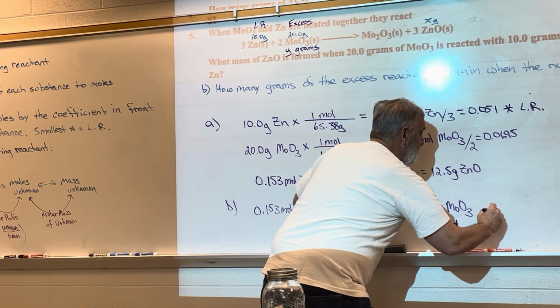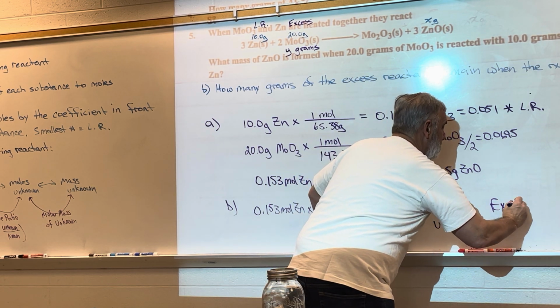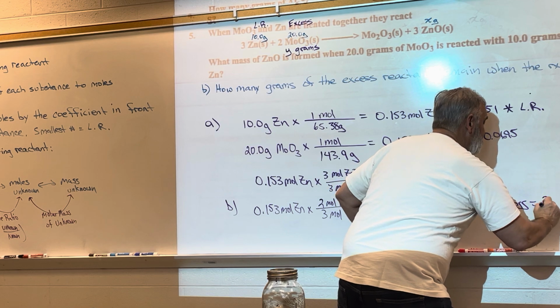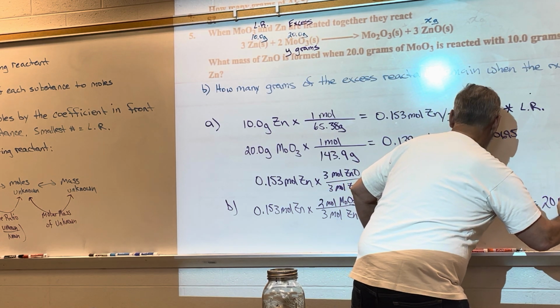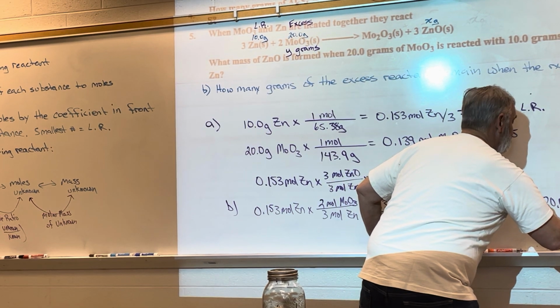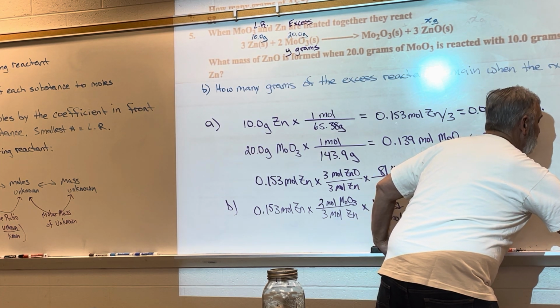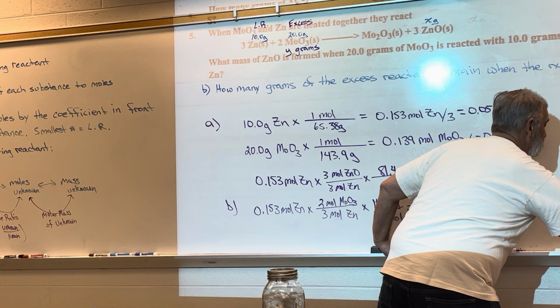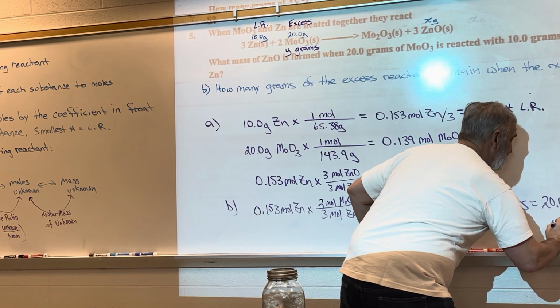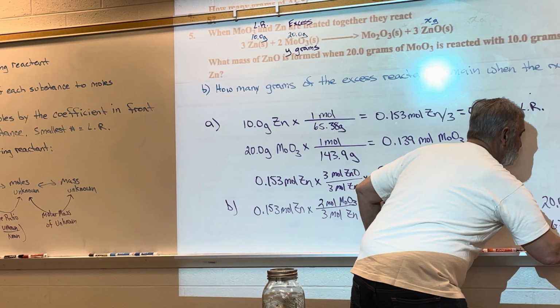So how do I find the excess? I want to hear how you subtract 20 minus that. 20 minus the 14.7, which is going to be 5.3 grams excess. So it's always going to be the given minus the used.